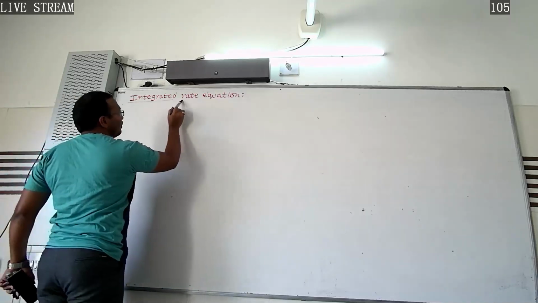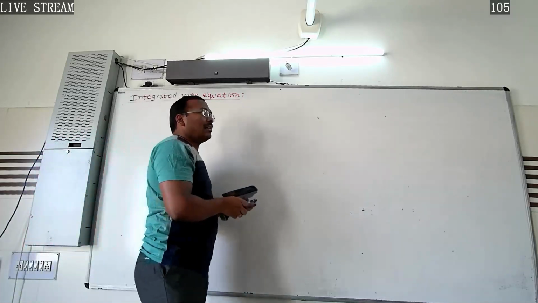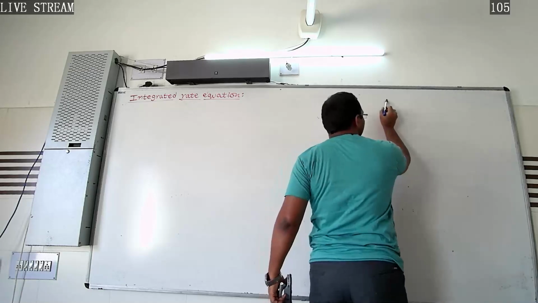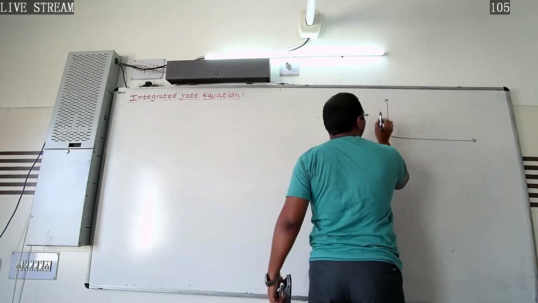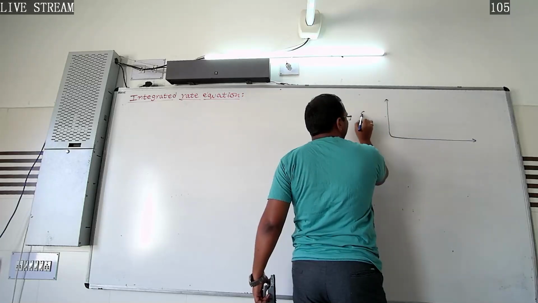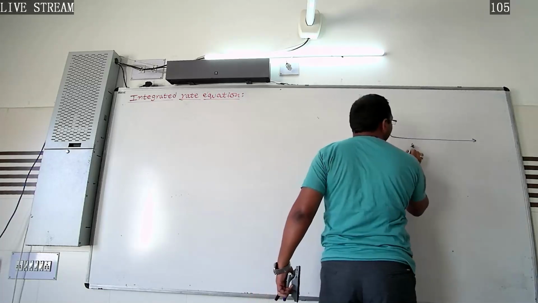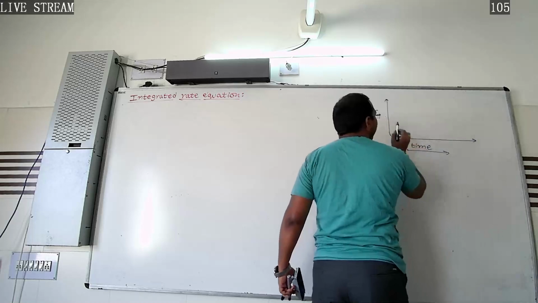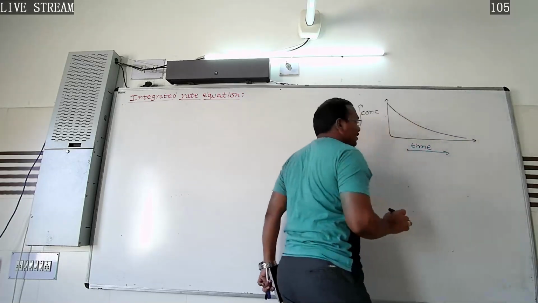So actually here we have studied that the speed of the reaction is irregular, non-uniform. If you draw a graph here, we are taking the concentration on the y-axis and time on the x-axis, and as the time period increases, the concentration of reactant gradually decreases.